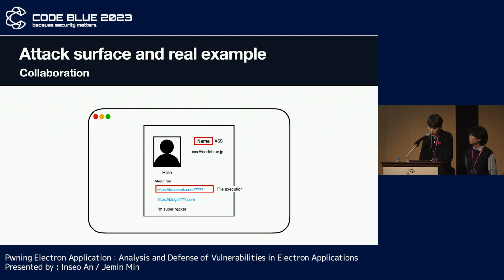While this may not be a high-level vulnerability on its own, when combined with other vulnerabilities, it can escalate to a high-level vulnerability. We will explore an example of this later.